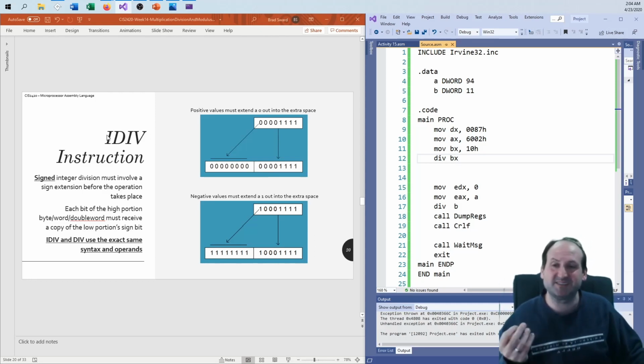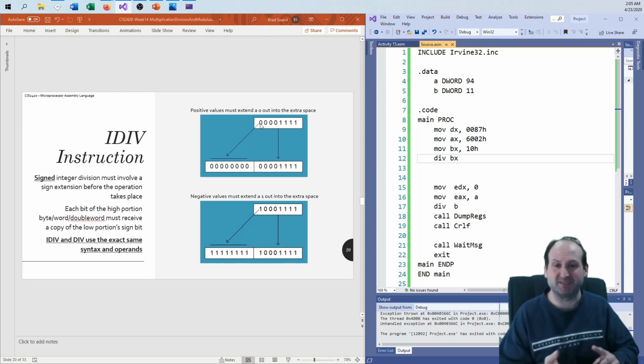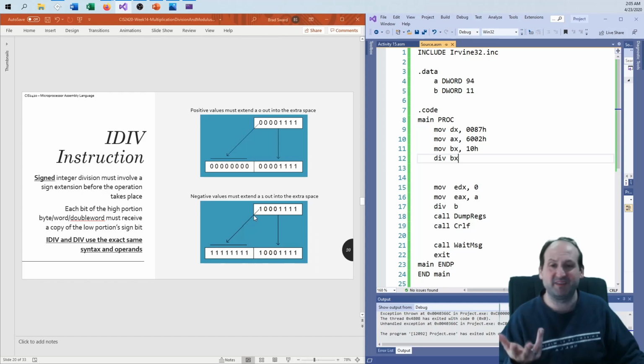But when I'm doing signed integer division, I have to take the sign bit and extend it out so that I keep the number exactly the same, positive or negative. If it's a positive number, the 0 gets extended. If the value is negative, the ones get extended. They use the exact same syntax, just like mul and imul. You get the same between div and idiv.